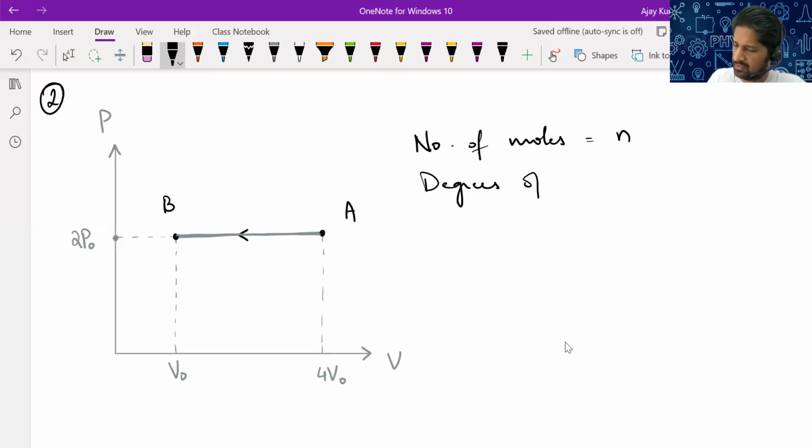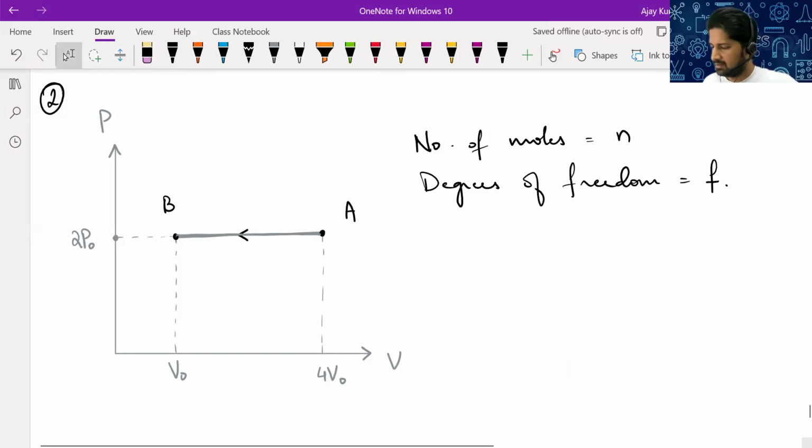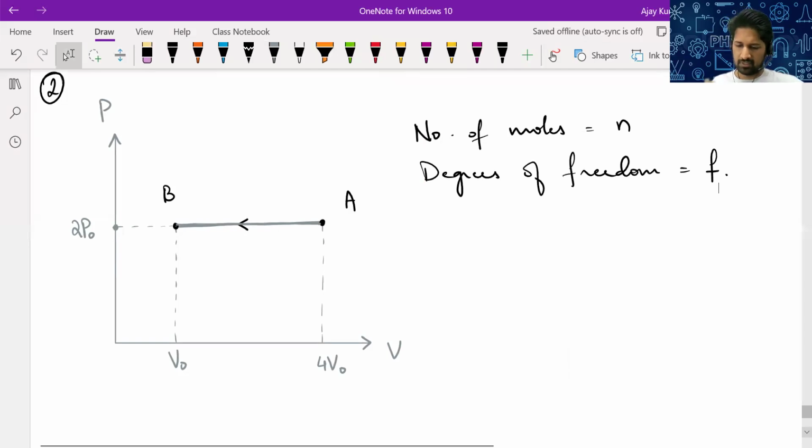Number of degrees of freedom is f. You will need to use degrees of freedom in internal energy calculations and all. So you can see from where to where the process is carried out. Initial pressure volume are known to you, final pressure volume are known to you. And because this graph is parallel to the volume axis, pressure is not changing. So it goes without saying that it is an isobaric process.